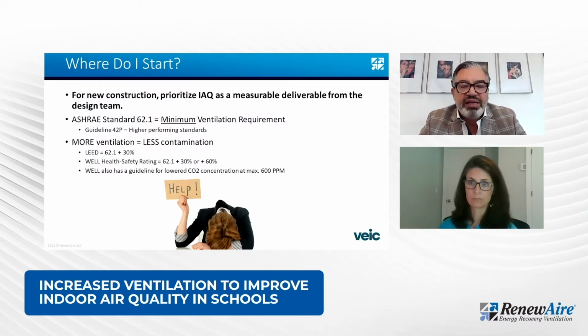But if you're lowering that concentration, you're also lowering the concentration of all the other impurities, whether you're talking about the particulate side, whether you're talking about the gaseous side, and then obviously lowering the concentration of any potential pathogen that may be within that space.